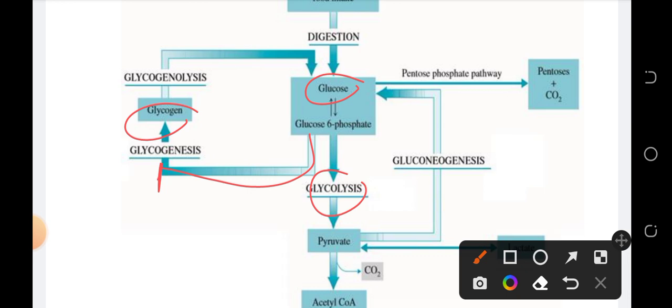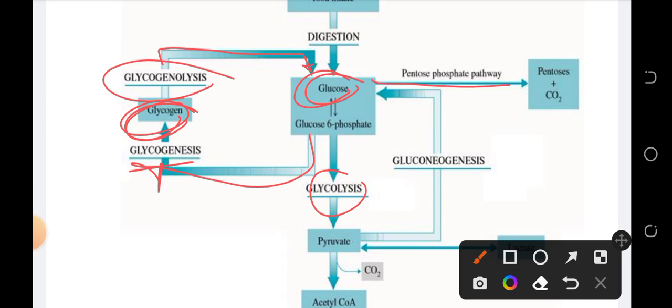But again, if we need oxygen and glucose, depleted na ang ating glucose level pero marami pa rin tayong glycogen, that stored glycogen could be converted back to glucose via glycogenolysis.